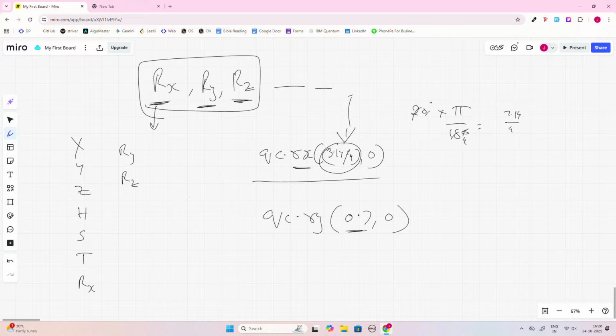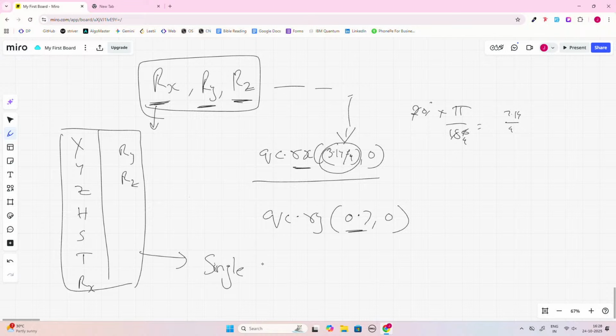I hope you guys have written everything. These are all the gates we have seen right now, and these are all single qubit gates. What do we mean by single qubit gates? It's simple: for how many qubits am I applying this operation?